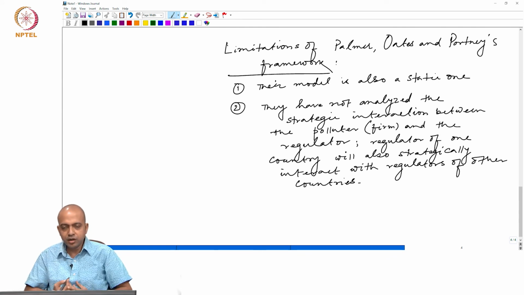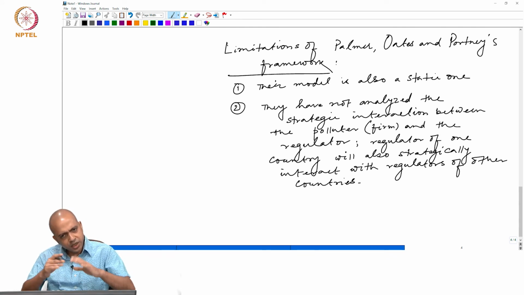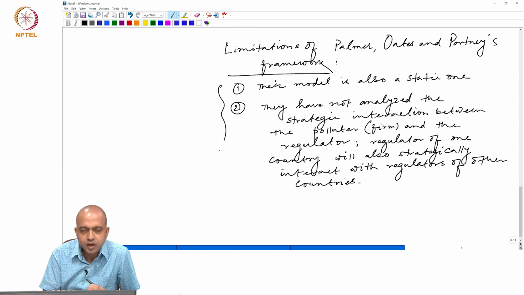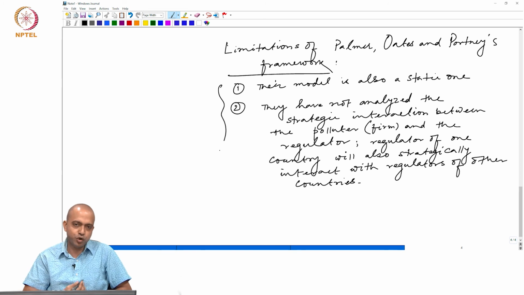So, these are the main two limitations, but even if we make the system dynamic, the main proposition of this model, what they said, that if innovation was not profitable with the modest regulation, it is still not profitable with the stringent regulation, that still holds good.